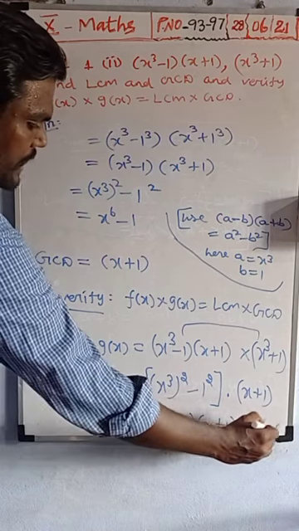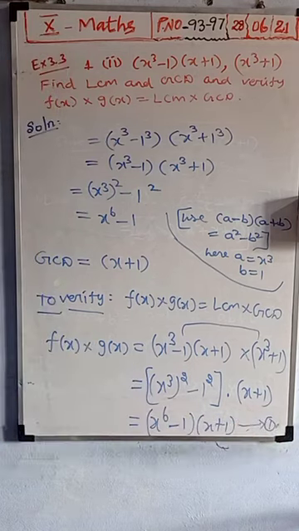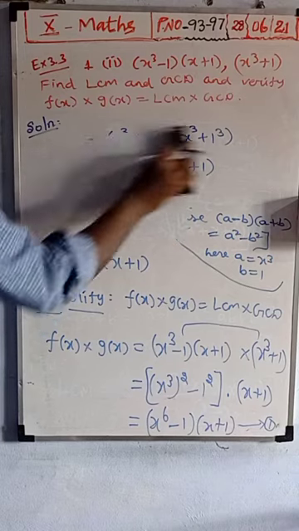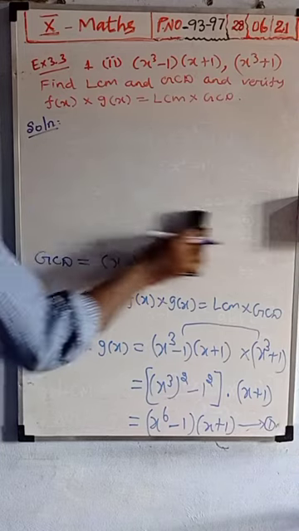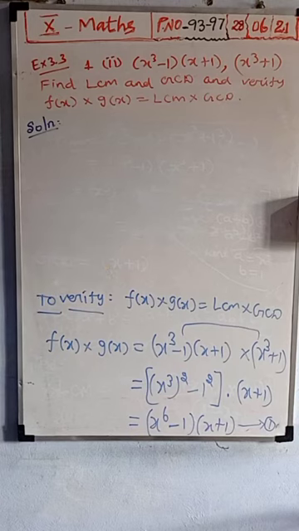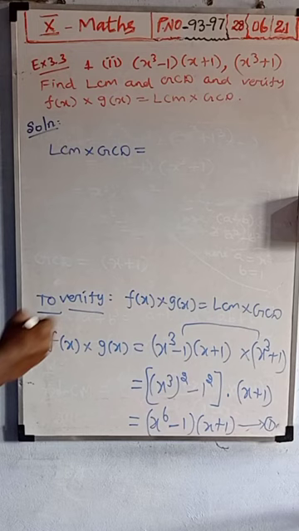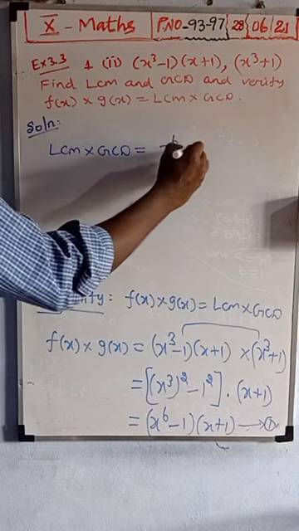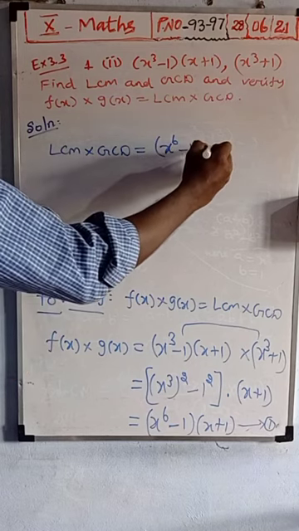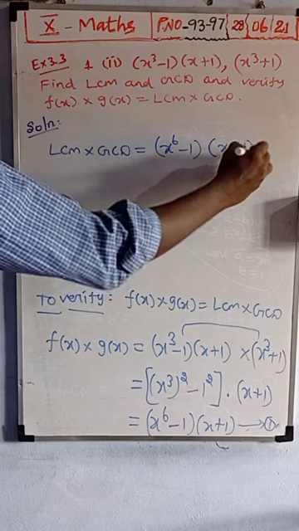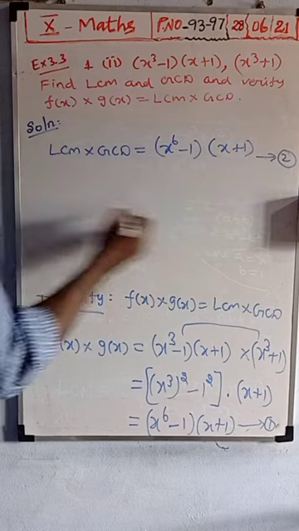Keep this as equation 1. Next, LCM into GCD. The LCM we received is x power 6 minus 1, into the GCD we received as x plus 1. This is equation 2.